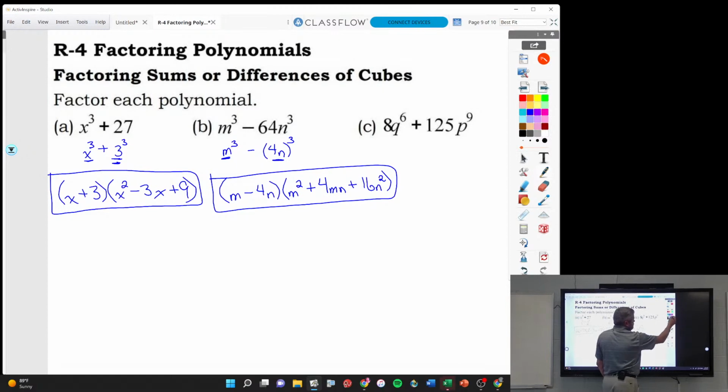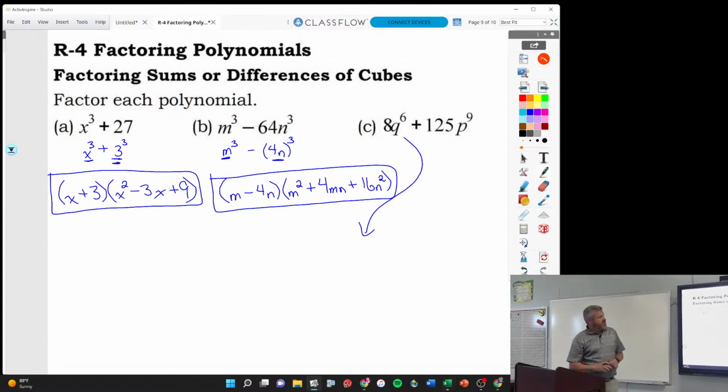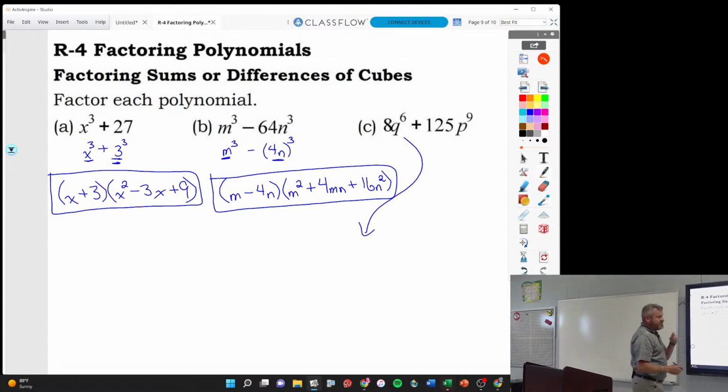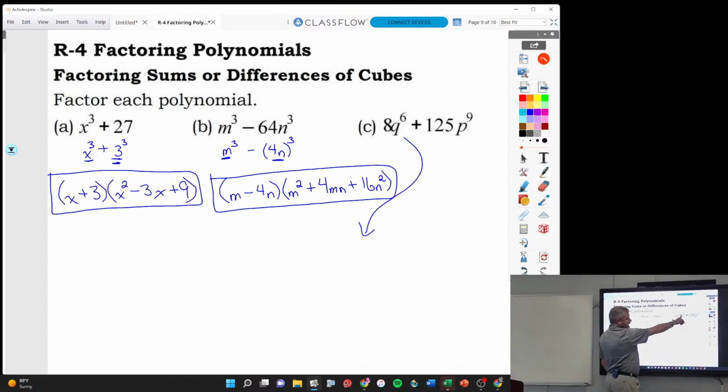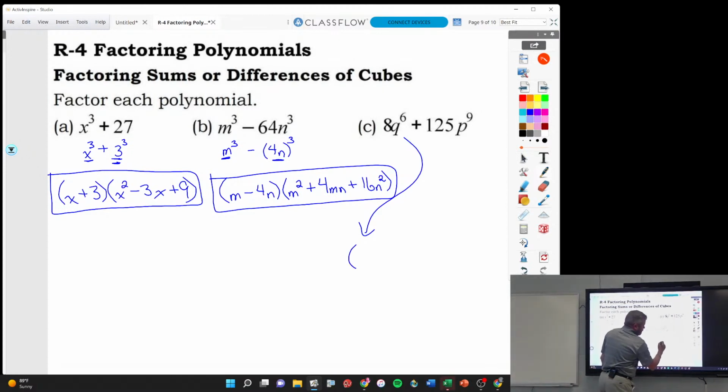All right, last one. I'm going to bring this guy down. 8q to the 6th plus 125p to the 9th. Well, 8 is a perfect cube. It's 2 cubed. 2 times 2 times 2 is 8. q to the 6th is a perfect cube because it's q squared times q squared times q squared. So 8q to the 6th came from 2q squared, all of that cubed.